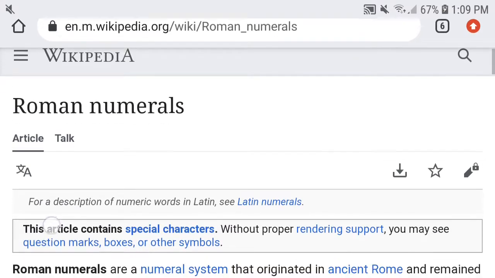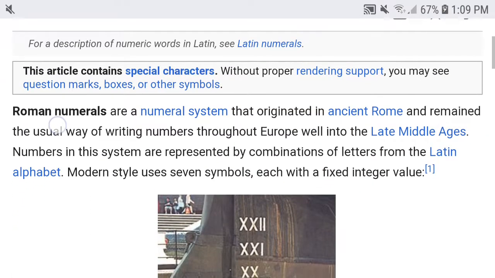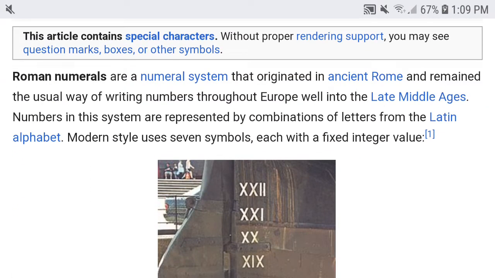Okay, so let's start, I guess. Roman numerals are a numeral system that originated in ancient Rome. Yeah, because it's Roman, right? So it's from Rome, and it remained the usual way of writing numbers throughout Europe well into the late Middle Ages. Numbers in this system are represented by combinations of letters from the Latin alphabet.